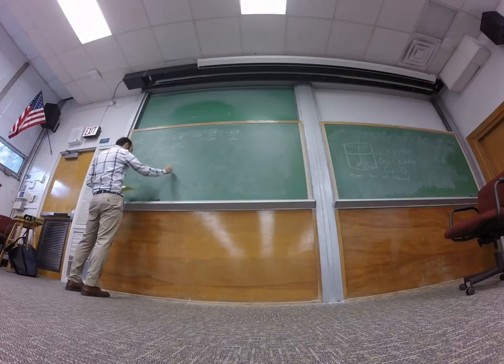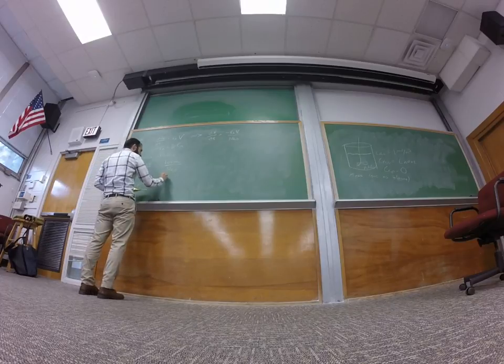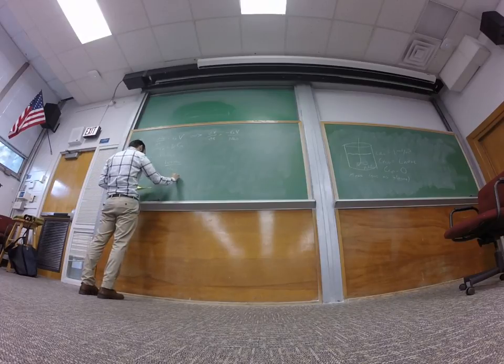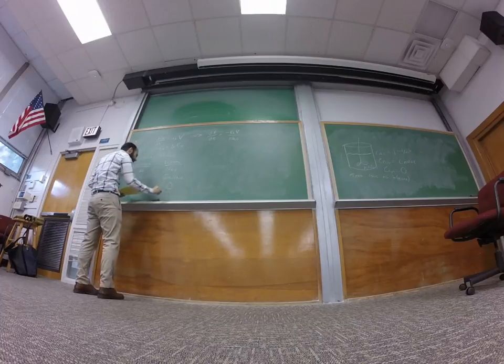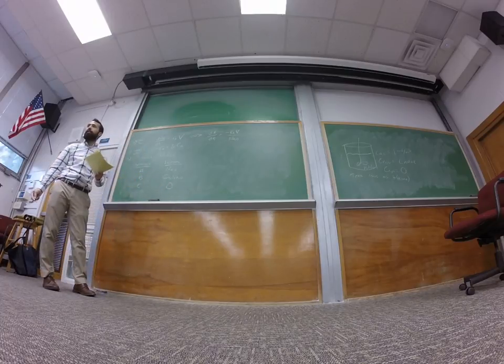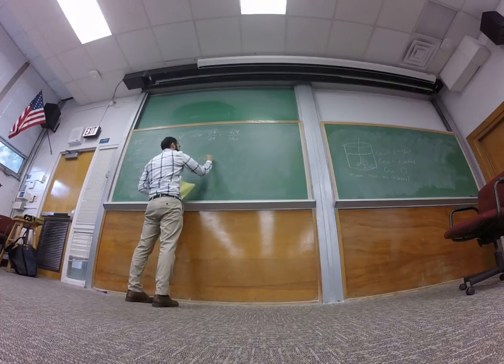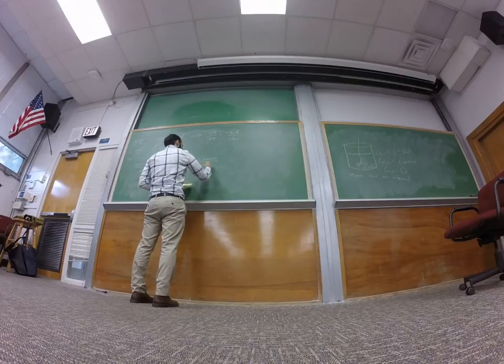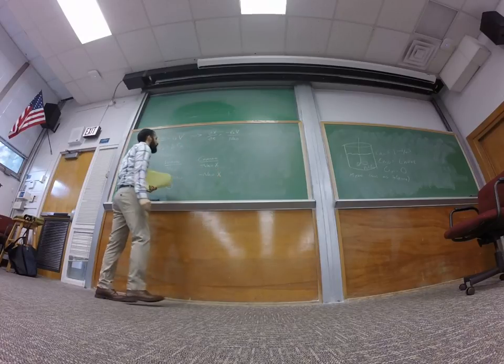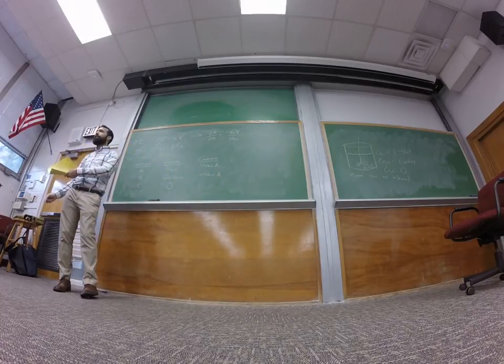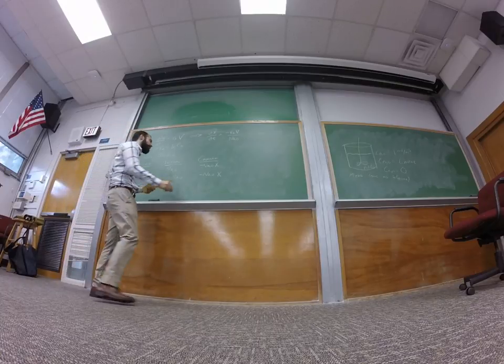Okay, so the initial amount here is N_A0. This is theta_B times N_A0. Initial amount of C was 0, right? We didn't have anything in there to start. And then we look at the change. And this is minus N_A0 times X. This is also minus N_A0 times X. Because the stoichiometry of this was just A plus B goes to C, right? The stoichiometry is pretty simple.